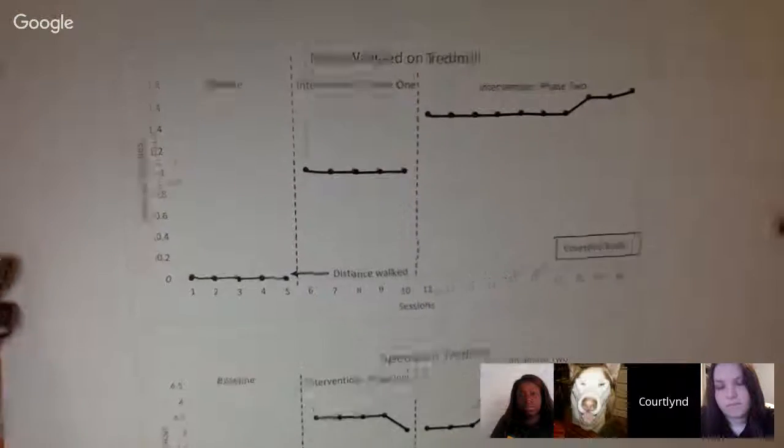So just a quick example there. I will go ahead and show my graph, and then we will go so that you can see everyone else's graphs. So this is my miles walked on the treadmill at top and speed of the treadmill on bottom.